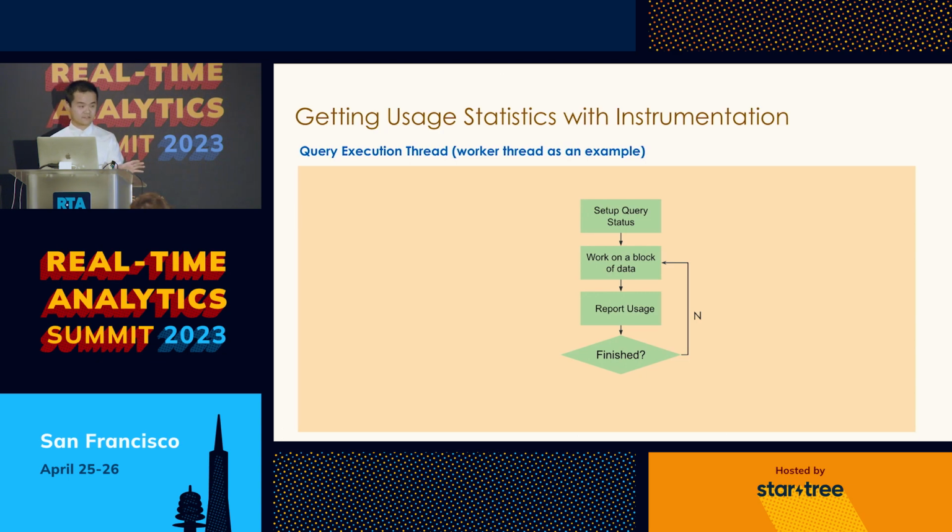By iterative way, I mean, for example, during the processing of a segment, we truncate the segment into a bunch of blocks. Each block will have around 10,000 documents, and we process them iteratively. So the thread will keep reporting its own resource usage stats until it finishes.